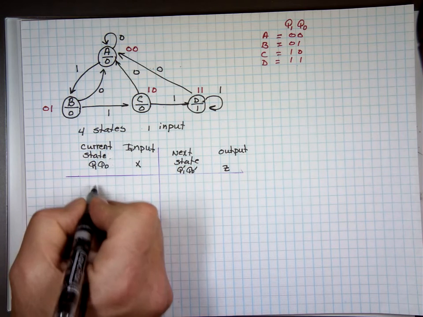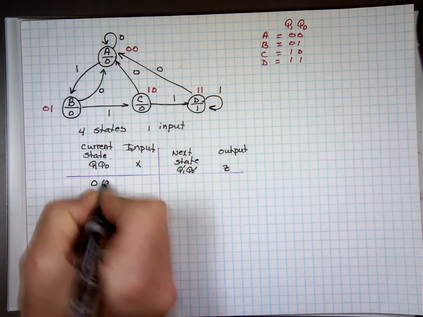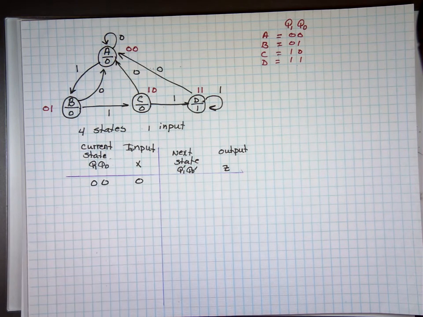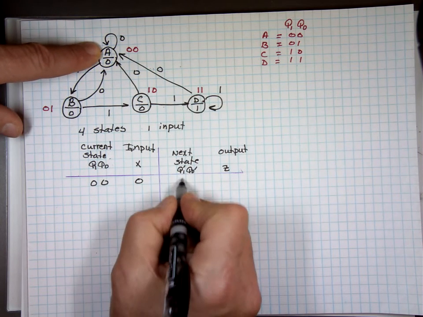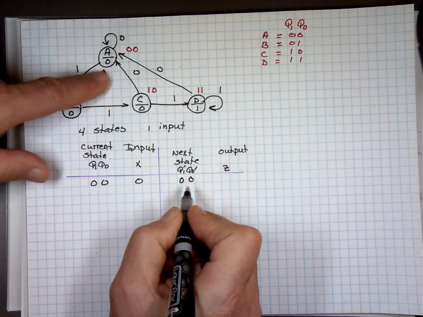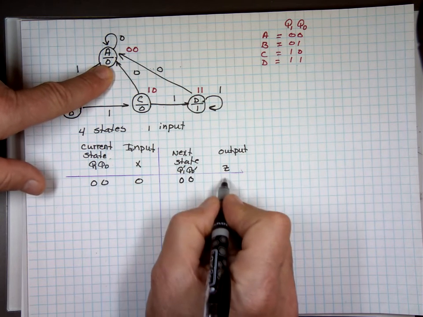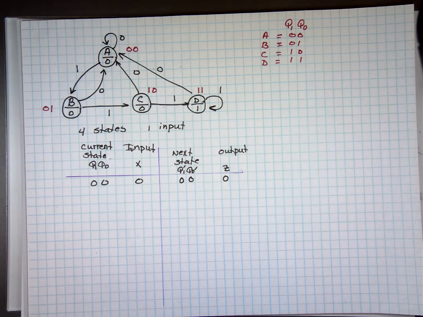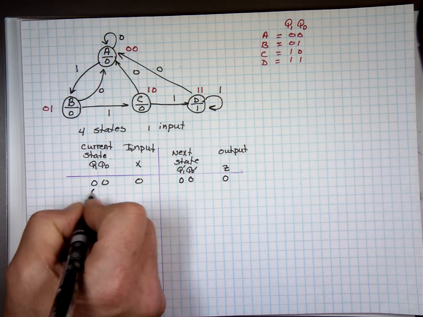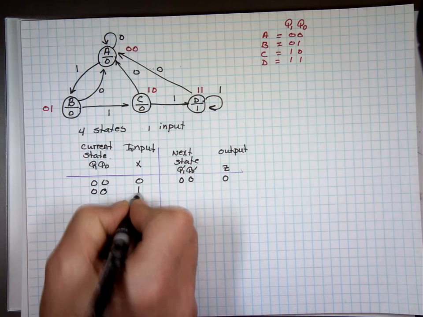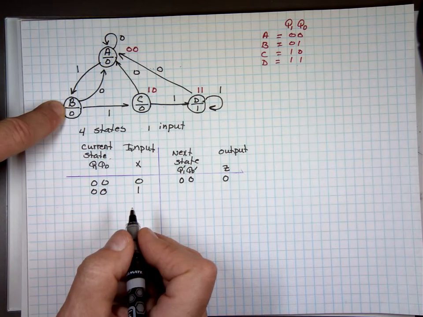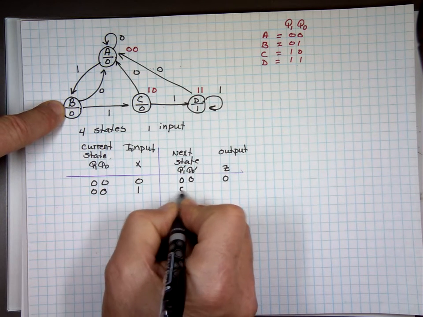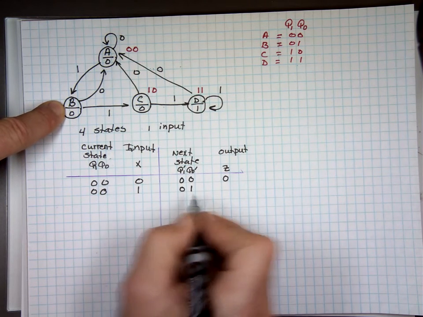If I'm at state 0, 0, and I put in 0 for input, according to my picture, what's going to happen? Stay there. And what's your output? 0. The bottom number is your output. If I'm at state 0, 0, and I put in a 1 here, according to this, you go to where? State B. B is what? 0, 1, and what's your output? 0 again.